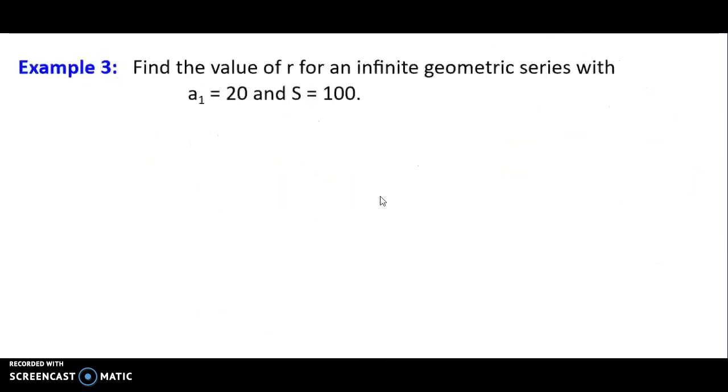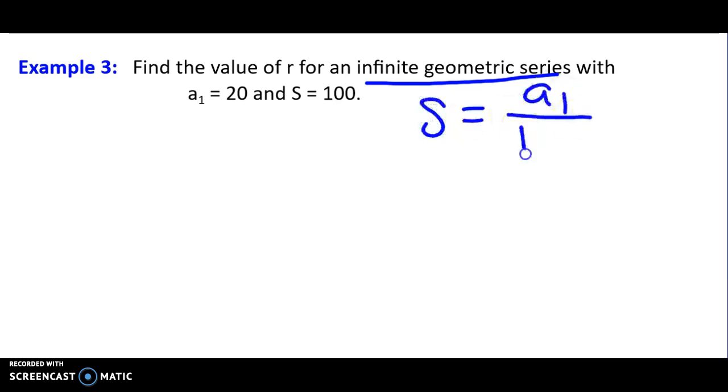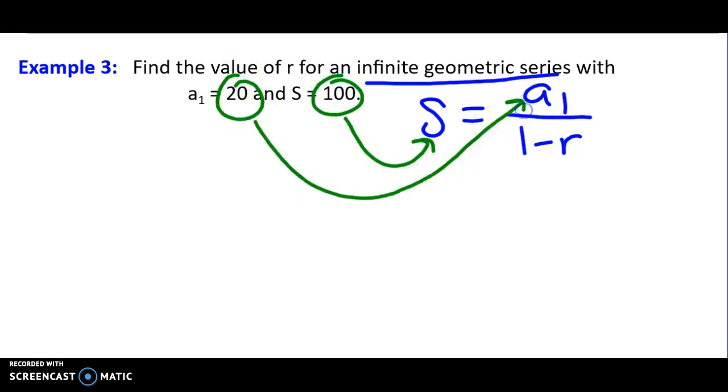In example 3, we're talking about infinite geometric series again. So the sum equation is a1 over 1 minus r, but we're working backward a little bit here because we're given the sum and we're given the a1 and we're looking to find the value of r. So we're just going to plug these values in.